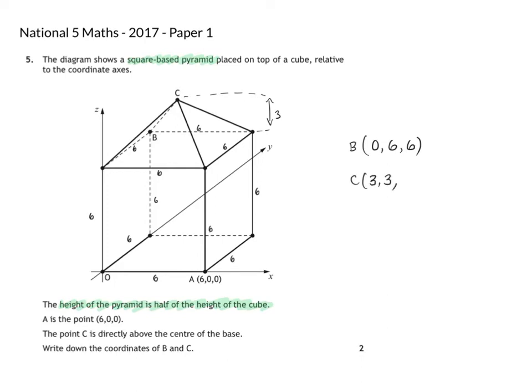So we know that our cube itself is 6 tall, and then our pyramid is another 3, so altogether that is 9. So we get C, which is 3, 3, and 9. So for this, it is just 1 mark for each coordinate being correct. And so 0, 6, 6, and 3, 3, 9.